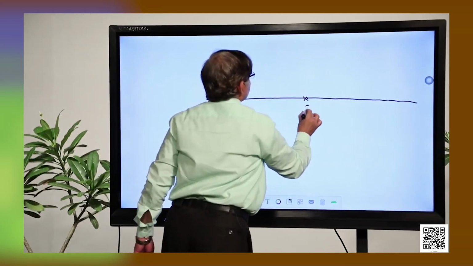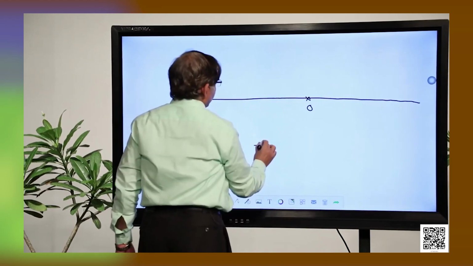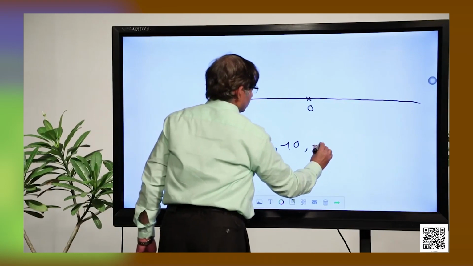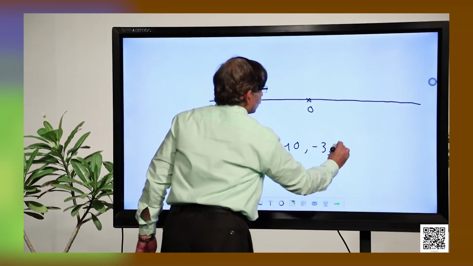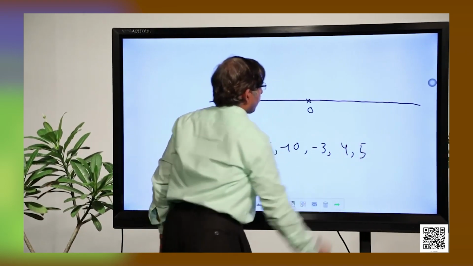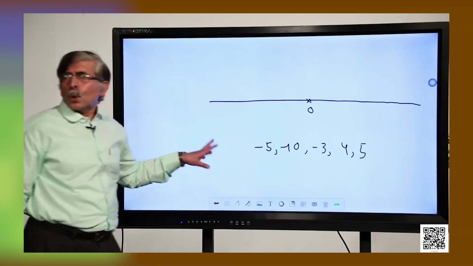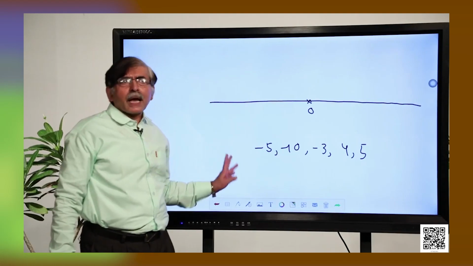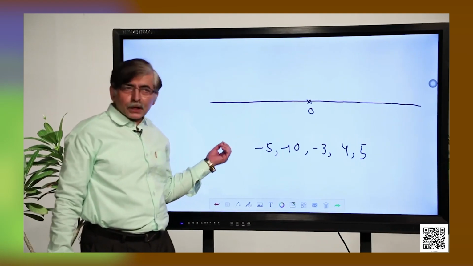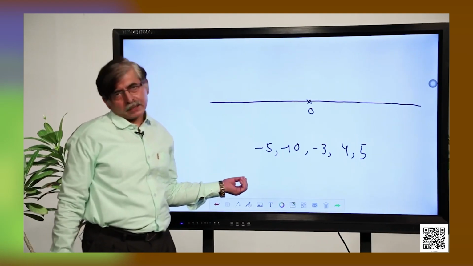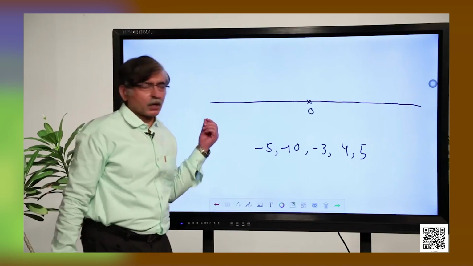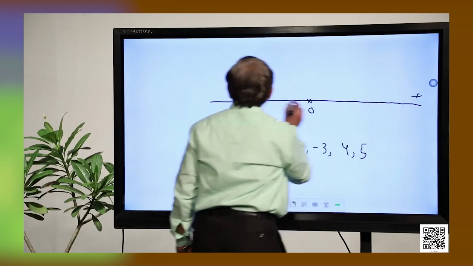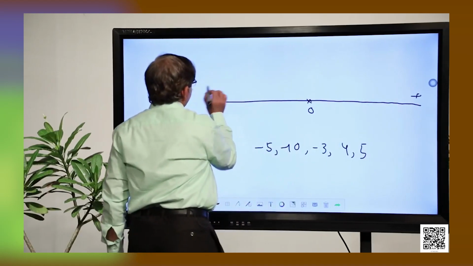Suppose we have taken minus 5, minus 10, minus 3, 4, 5. These numbers we can represent on the number line and conclude which one is greater and which one is smaller, because generally this side is our positive side and this side is our negative side, right.